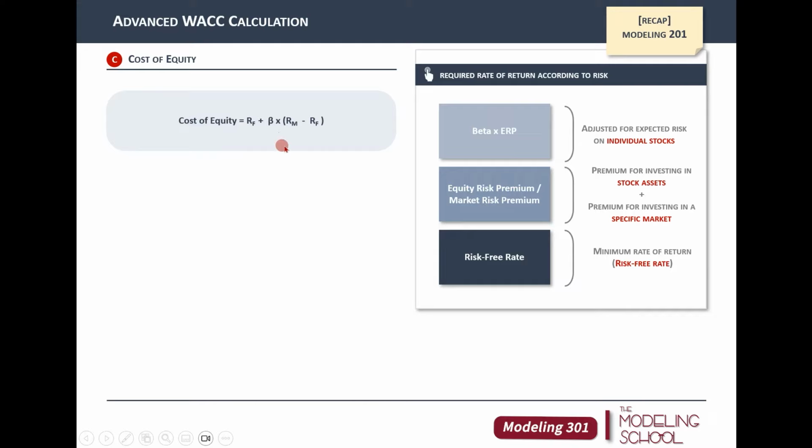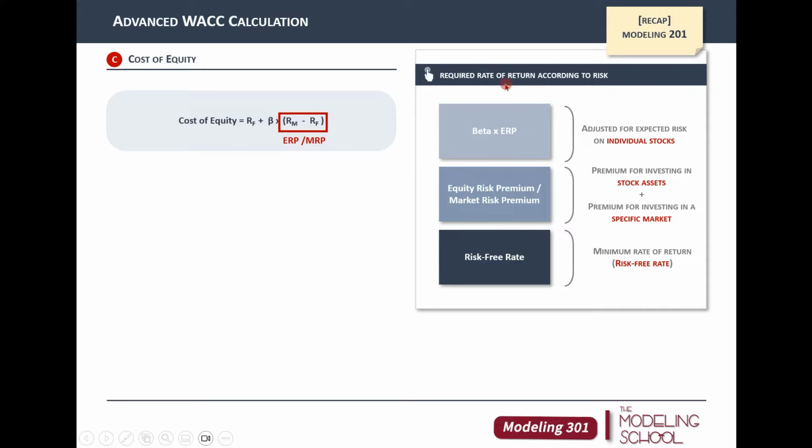For those of you who don't remember, this formula was called capital asset pricing model. The concept was to calculate cost of equity from the investor's point of view, and from the investor's point of view, cost of equity equaled required rate of return.